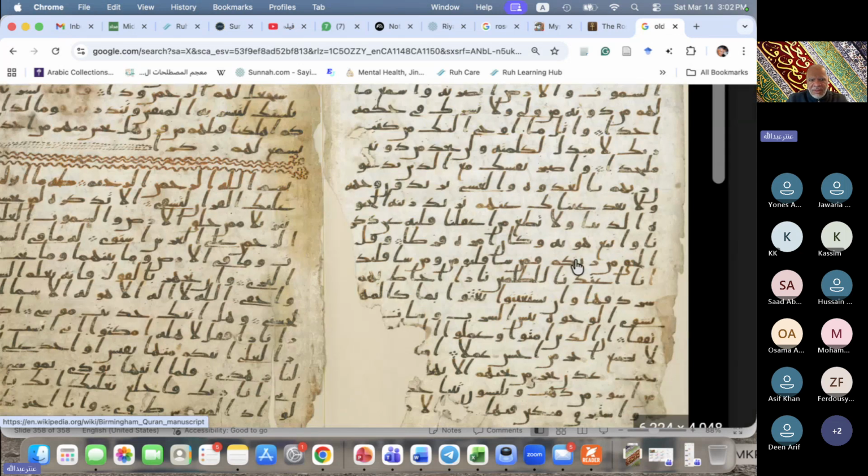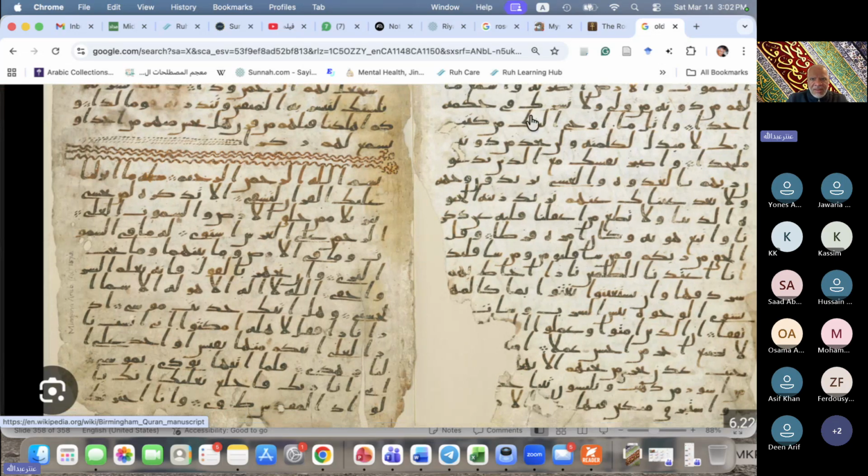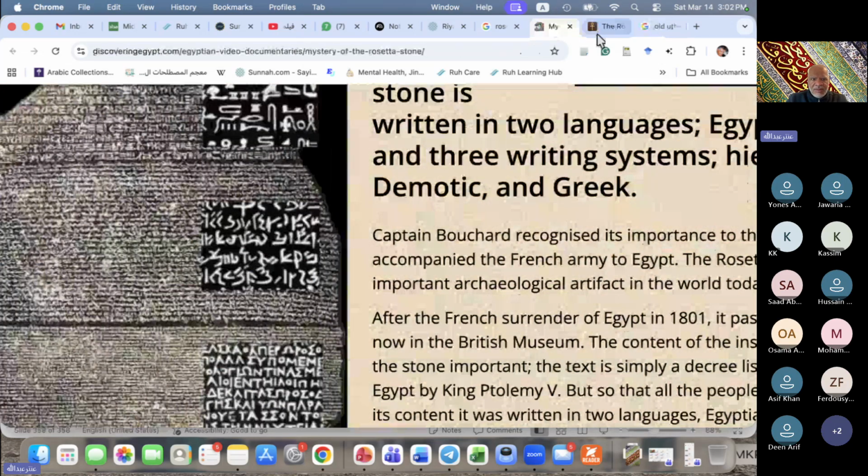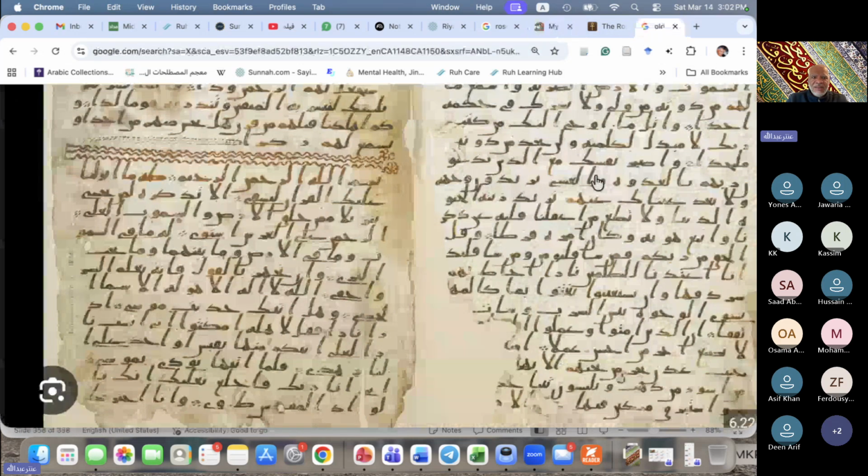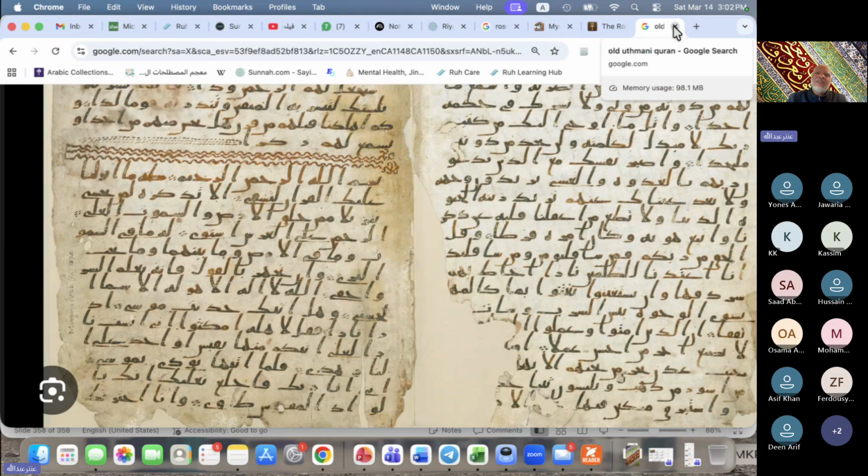Look at how this was written and how this was written. Remember that this was like 1,000 years before this, but still some of the markers here are like the markers there. So the development happened. It was a written language, but it was not a common practice to write it down. I hope this answered the question.